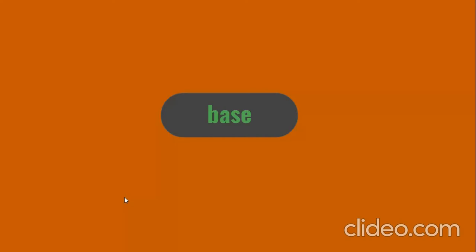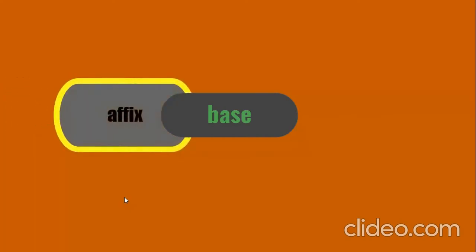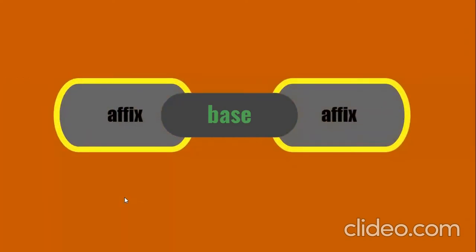Okay, so let's go ahead and begin with this. So an affix is a word part that is attached to a base word. Sometimes the affix comes before the base word, like in the case of prefixes, and sometimes it comes after the base word. When it comes after the base word, then that is called a suffix, right? And the suffix is going to give that word a new meaning.